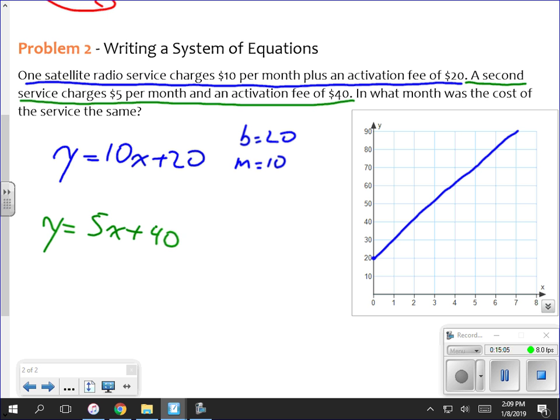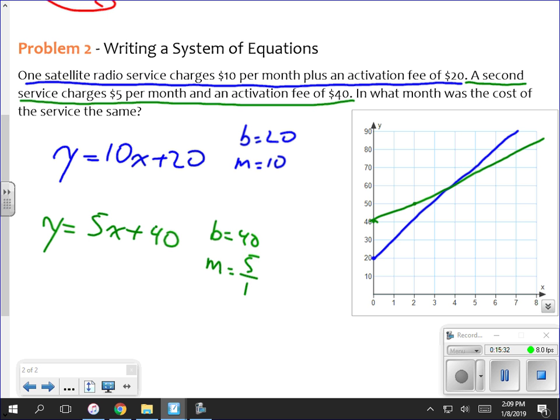So when I go to graph it, my y-intercept is 40, and my slope is 5 over 1. So I start here, and for every one I go over, I go up 5. So actually I want to go over to here. And there's my line for that one.